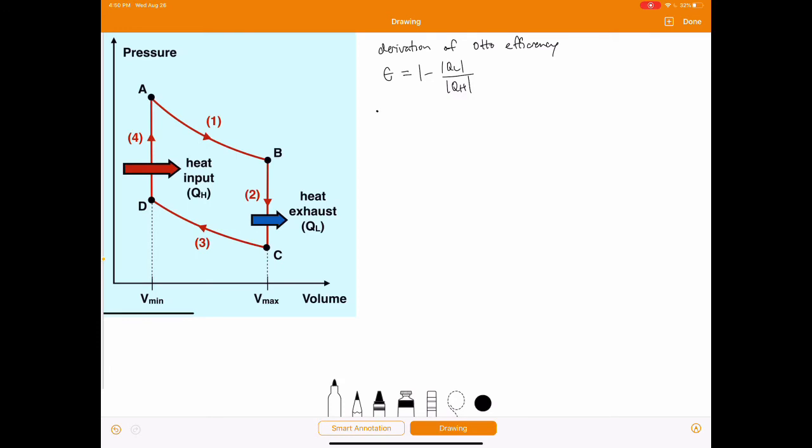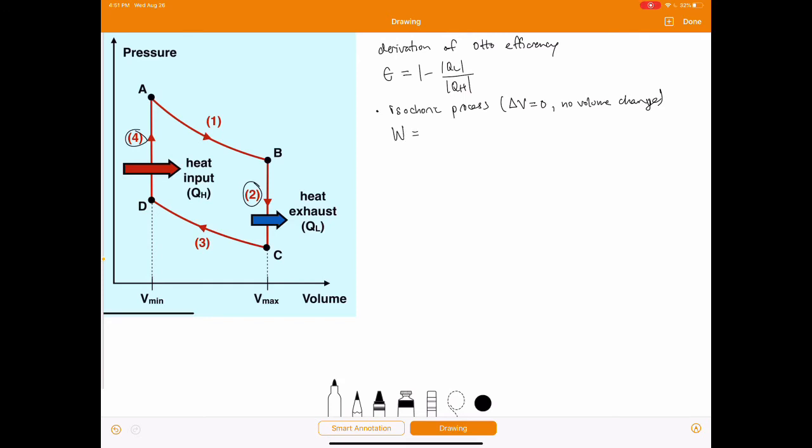So I'm going to start by thinking about an isochoric process in general. This means constant volume, delta V is equal to 0, no volume change. And since we have two of those in the cycle, step number 2 and step number 4 are isochoric. Let's do a little bit of work on that.